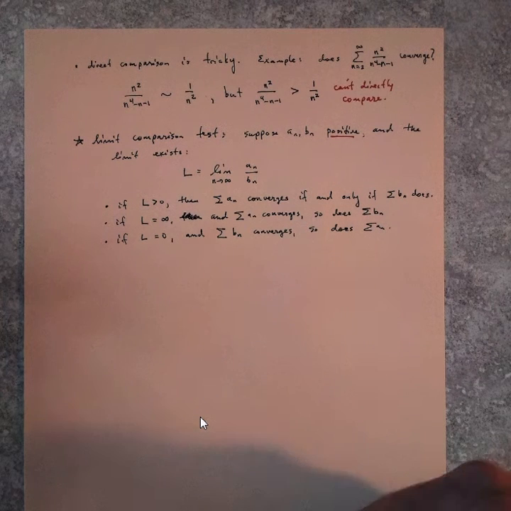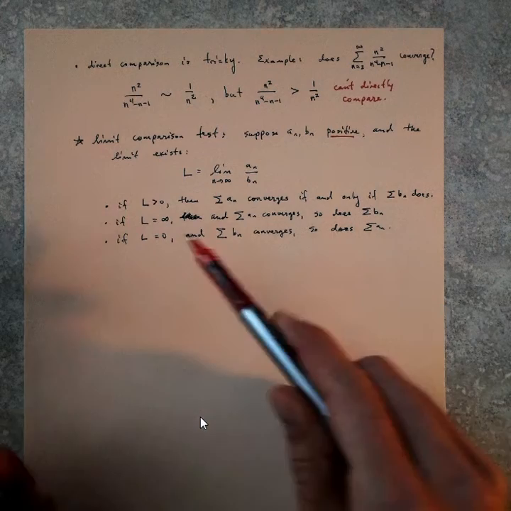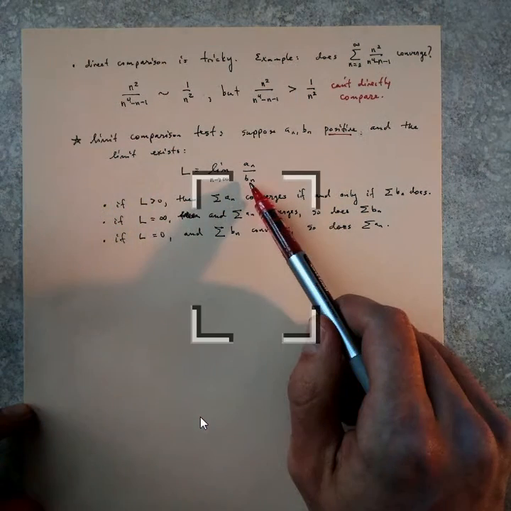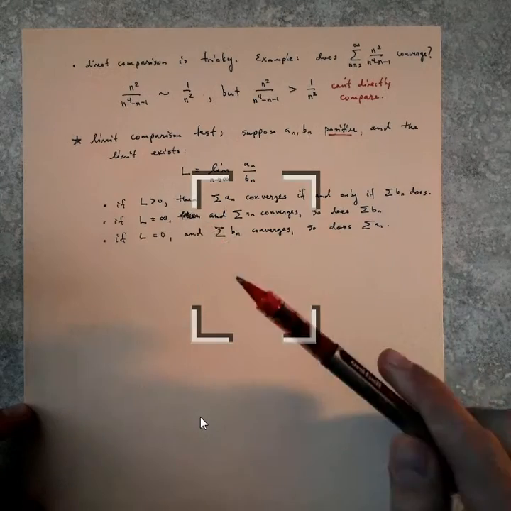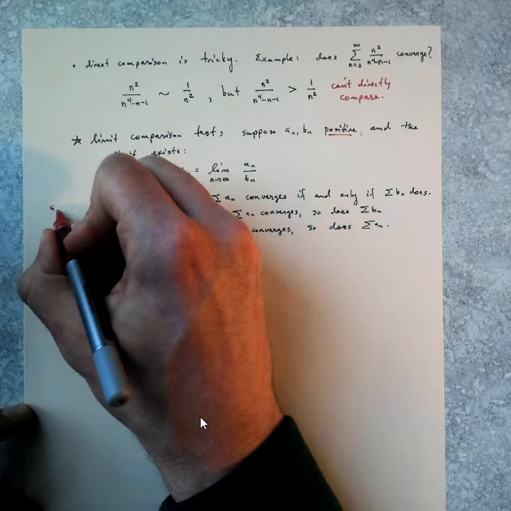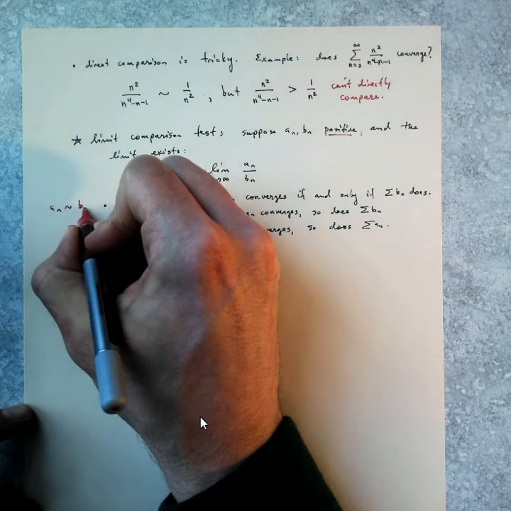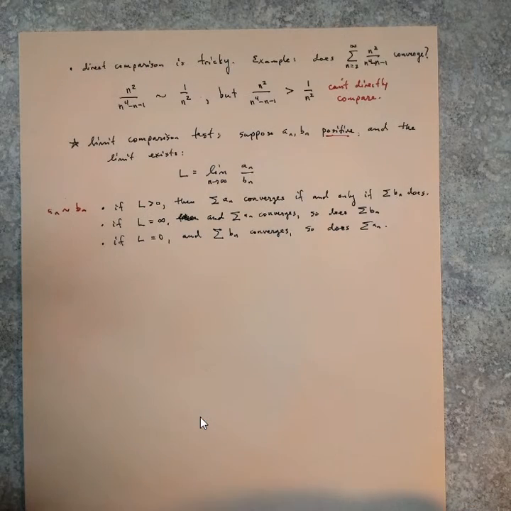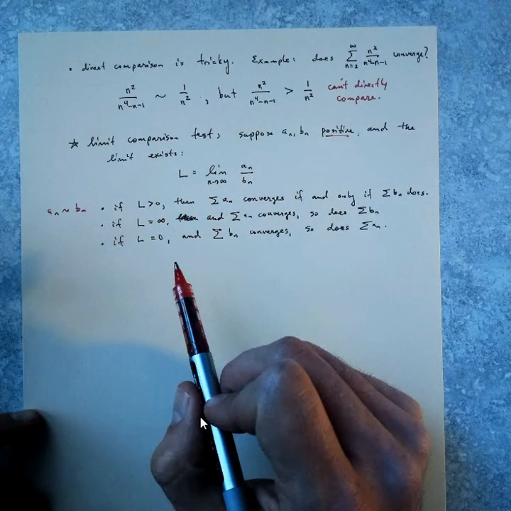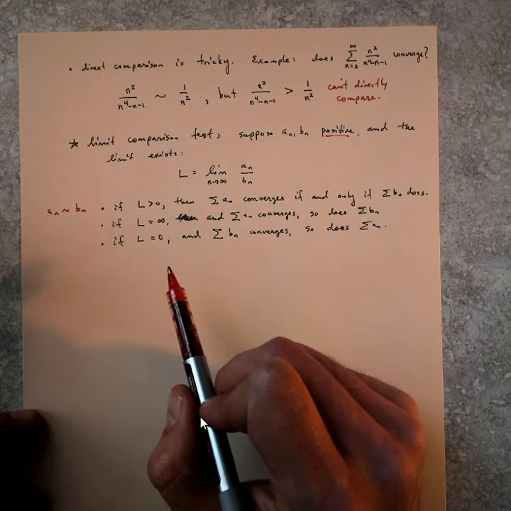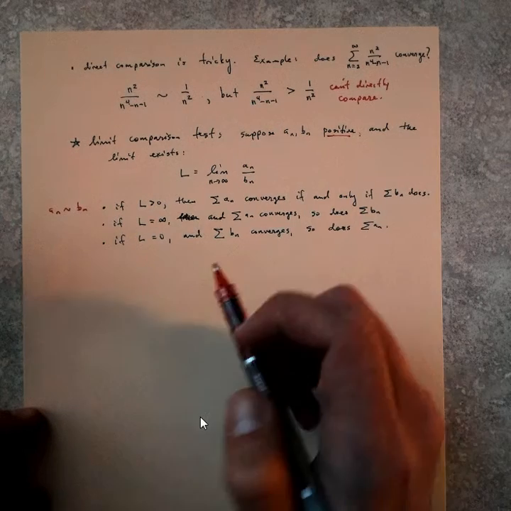So here's how you can remember this. Okay, if L is bigger than 0, then a(n) and b(n) are going to infinity at about the same rate. So in this case, you can think a(n) is approximately the same as b(n). Okay? If L is infinity, that means that a(n) is much larger.